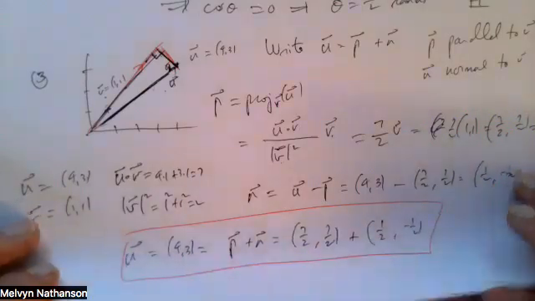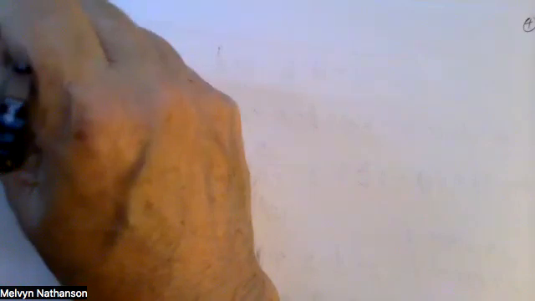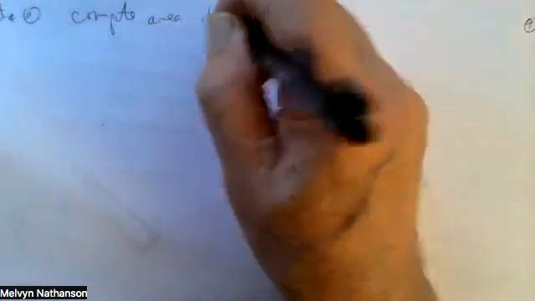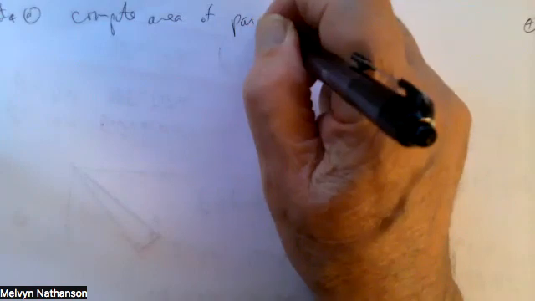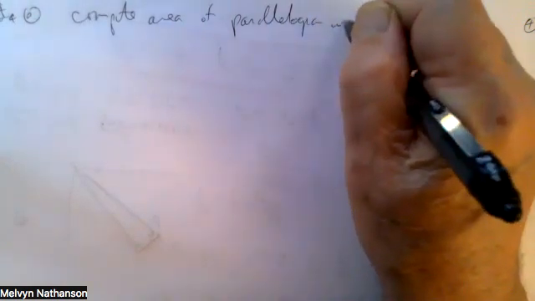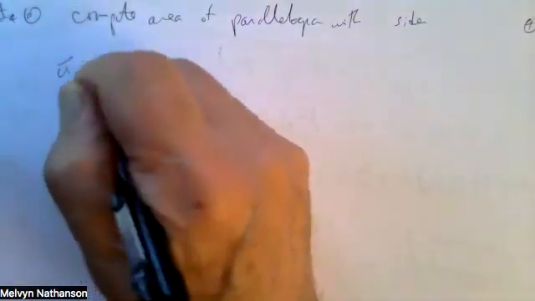Okay. Page 4, and problem 4. So we have to compute the area of the parallelogram with adjacent sides given by the vectors in three-dimensional space.